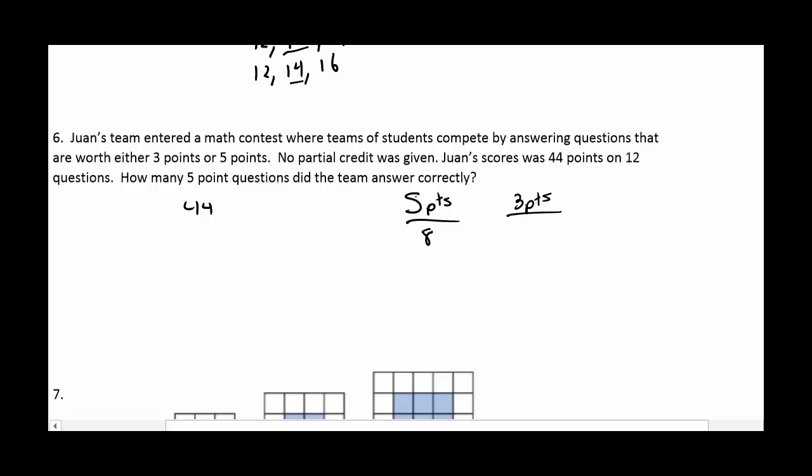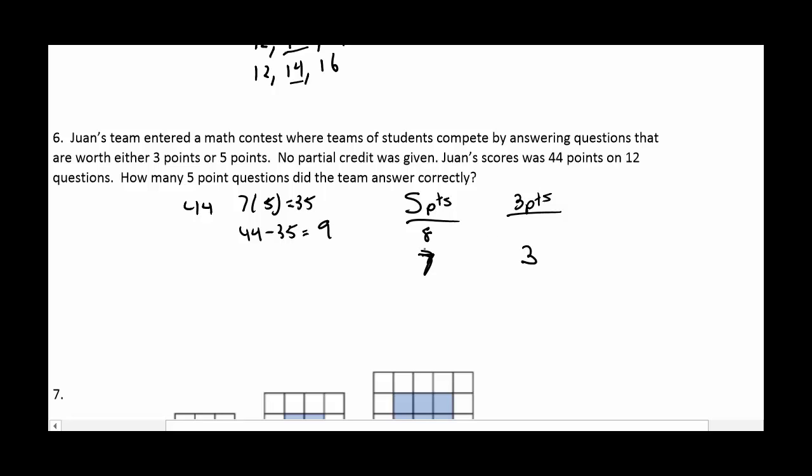And that would be 8 times 5 gives me 40, but then I wouldn't have enough. So 8's not right. Let me keep track of this. So 8 doesn't work. How about 7? So 7 times 5 is 35. And 44 minus 35 gives me 9. And so there would be 3 questions there that I could answer.